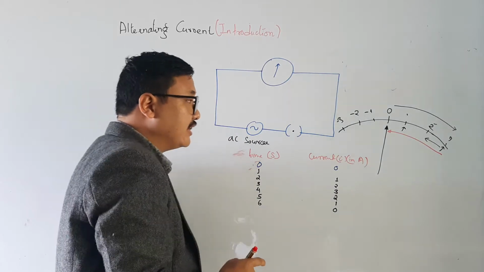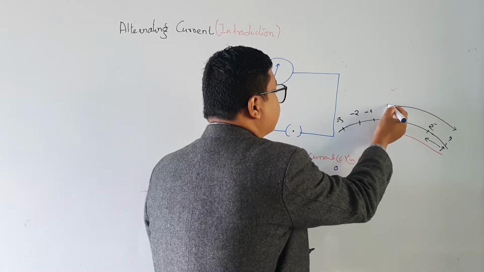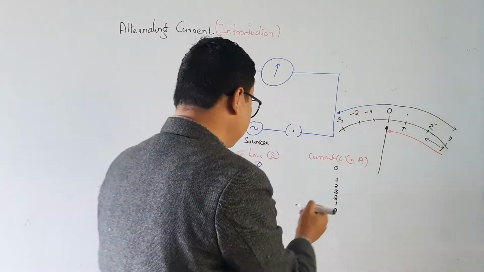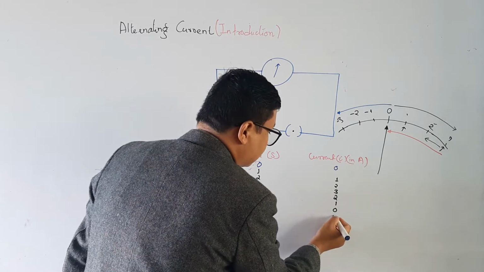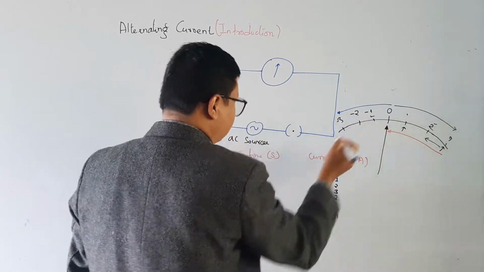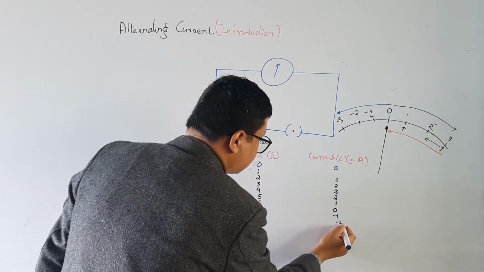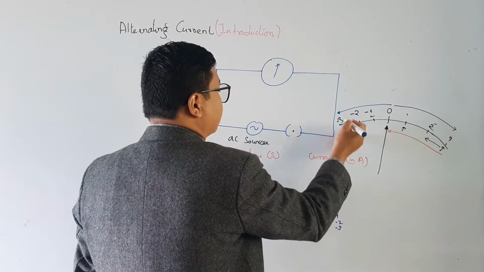Now again it will start moving towards the negative side. We have reached the 6th second, and now in the 7th second it will go to -1 here, and in the 8th second it will go to -2, 9th second -3. It has reached this point now.